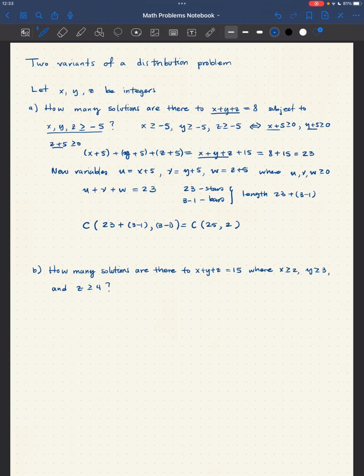Okay, now, based on this observation, we may do something similar for the next problem. It says, how many solutions are there to the equation x plus y plus z equal to 15, where x is greater or equal than 2, y is greater or equal than 3, and z is greater or equal than 4. Well, we make the following transformation.